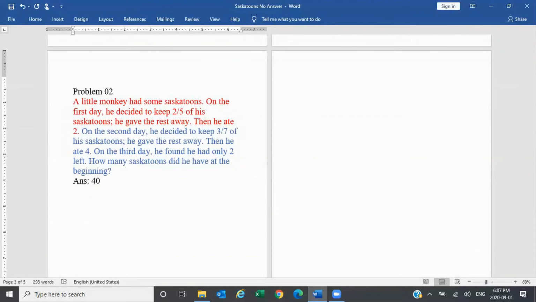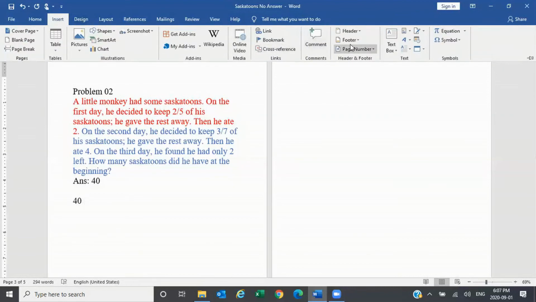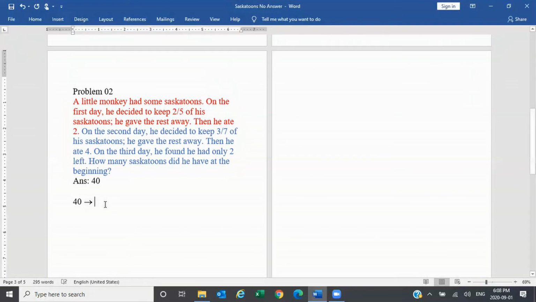Here we go. So we have 40, and I'm going to put an arrow so we can see really what we're doing here. Okay, so we decided to keep 2/5 of it. If we divide 40, oh, it's my space bar. There we go. 40 divided by 5 is 8, and 2 times 8 is 16.